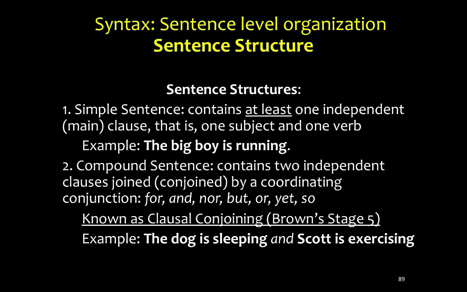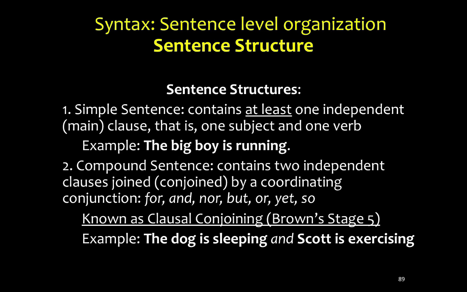We have subject, verb, and the dog is sleeping is an independent clause. It can stand alone. Scott is exercising is an independent clause. It too can stand alone, but when they're conjoined with and, the dog is sleeping and Scott is exercising, we have a compound sentence.